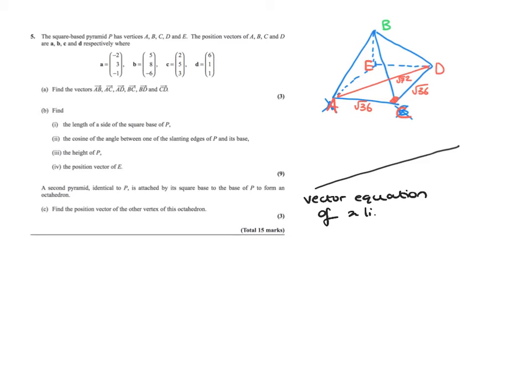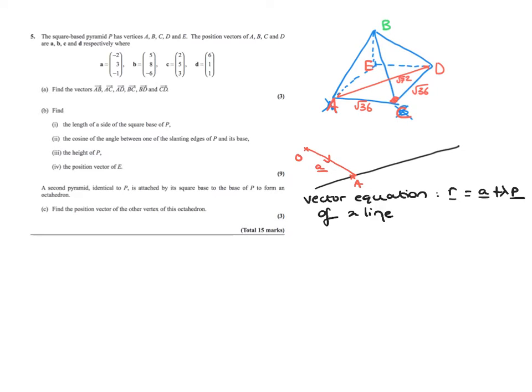Now, the vector equation of a line is of the format r equals a plus lambda p. Now, a is the position vector of a point on that line. So imagine this is the origin, and imagine a is a point on the line. This would be a vector to get us onto the line.